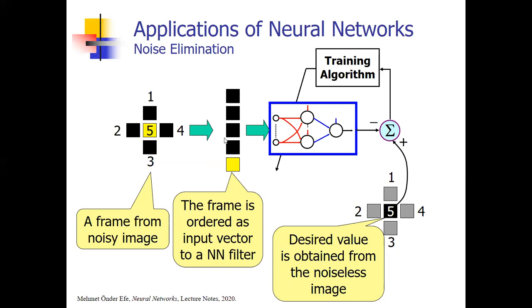Okay, this is an input vector now that describes a very narrow adjacency, very narrow neighborhood information to a neural network structure. And here is my neural network, which has, according to this picture, 5 inputs, and which is gonna produce the estimated value of, let's say, the grayscale value of the pixel 5, looking at the values of the neighbors.